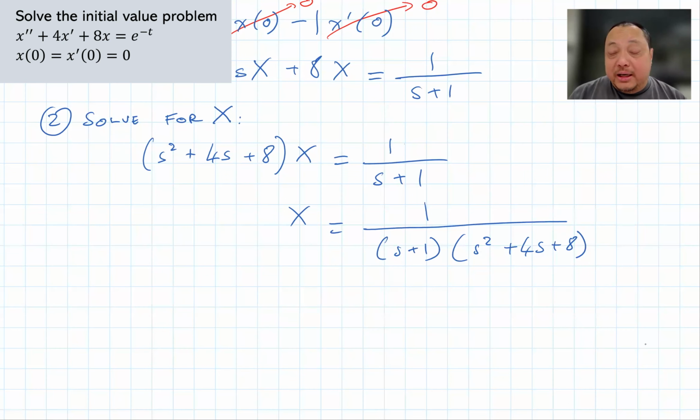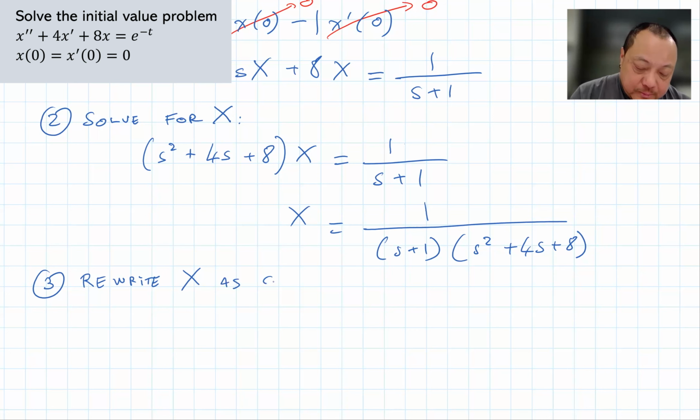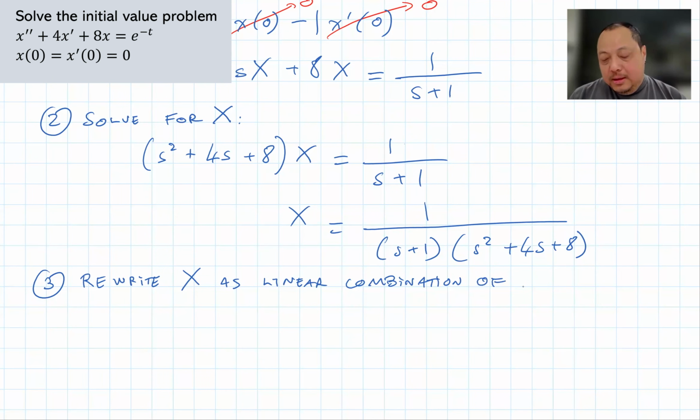So that's why I break up the third step into 2. Step 3 is to break or rewrite X as a linear combination of things that do appear in the Laplace table. And maybe a simpler way of thinking of linear combination is as a sum.